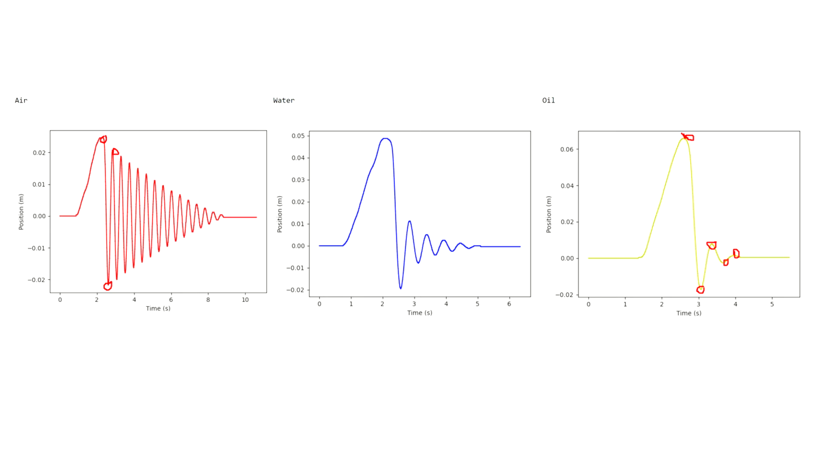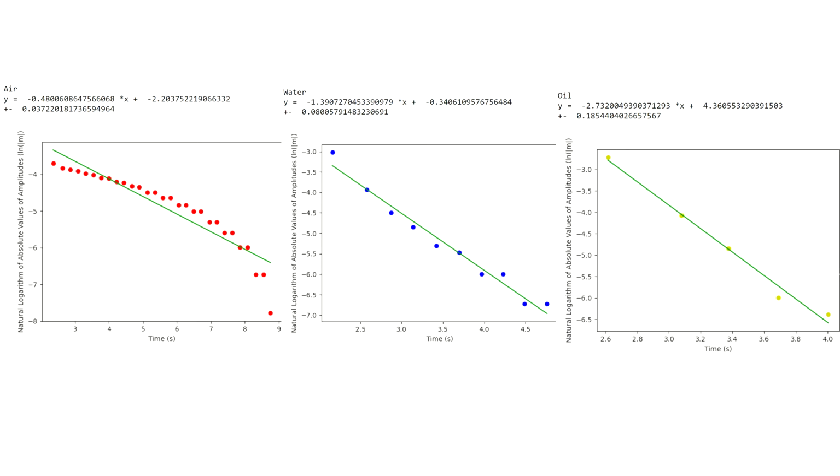So when we do these calculations, here's what we get for each of the fluids. As you can see, for air there are a lot of data points, but it does not follow a straight line. It varies a lot. It's not a straight line at all. Therefore, air cannot be expressed by the formula for damped oscillations.